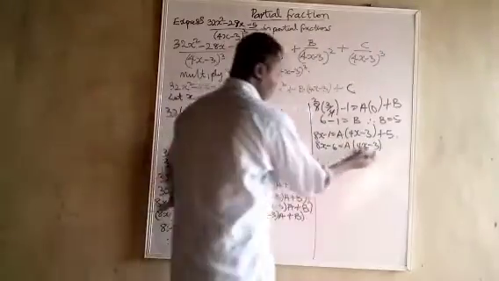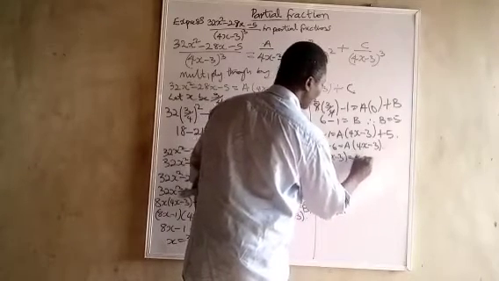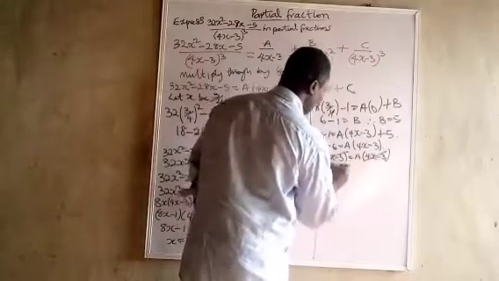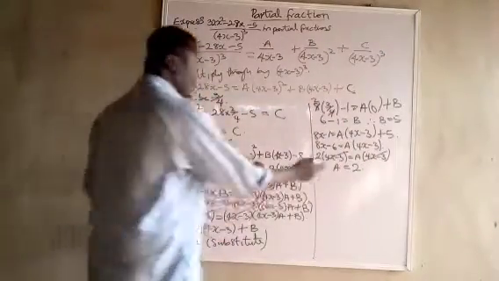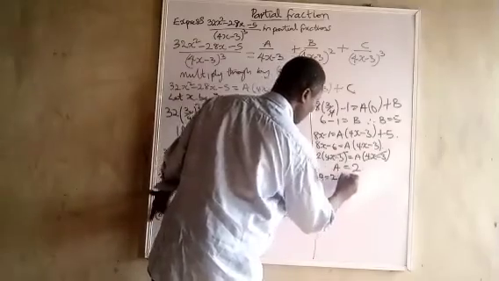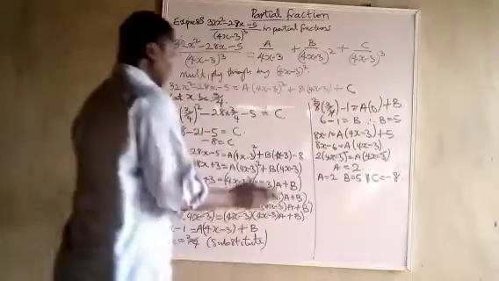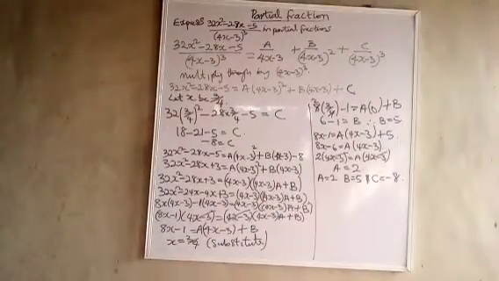So you can see, what does that give me? 2 into 4x minus 3 equals a into 4x minus 3. So what does that mean? A equals 2. So from this, I have found that a equals 2, b equals 5 and c equals minus 8. Simple, straightforward. Now, let me express it.